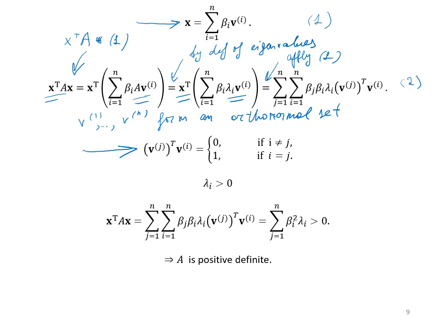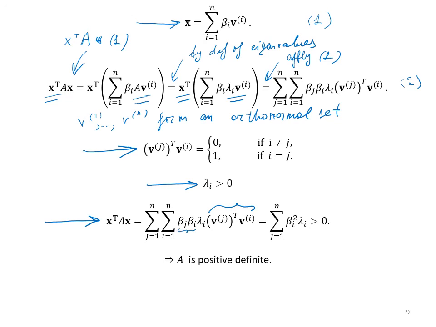So, if we recall again that our lambdas in this part are positive, this is our assumption, we can rewrite our expression and see what we get. Here we deal with an orthonormal set, this is 1.